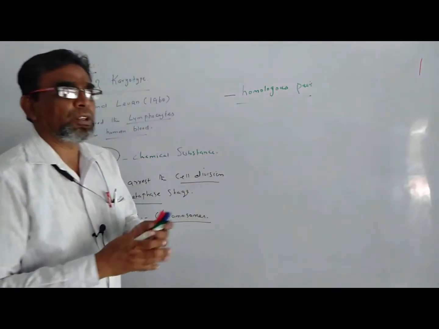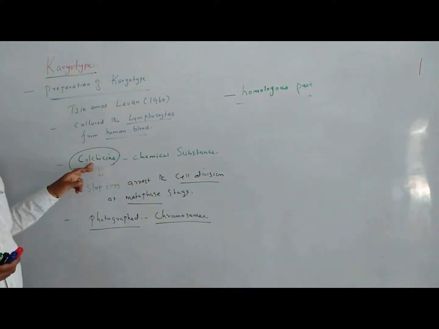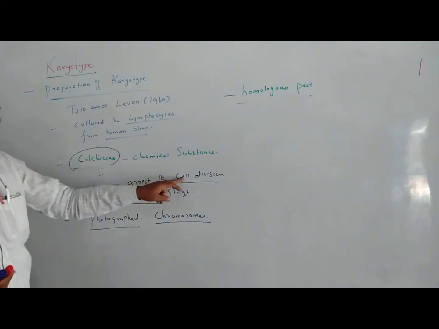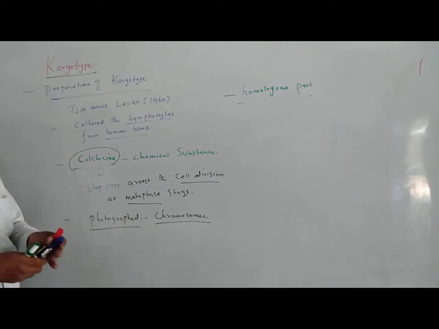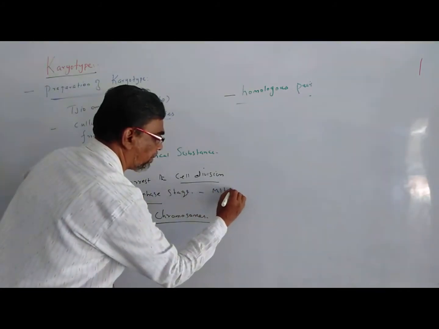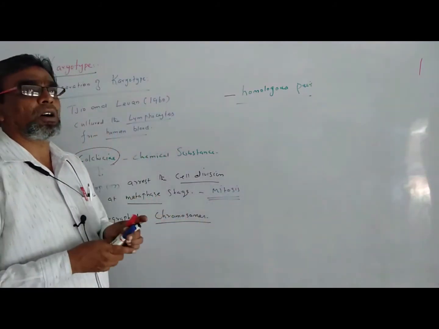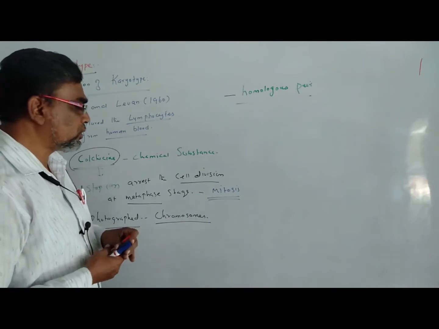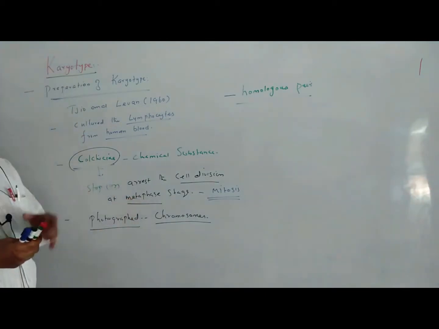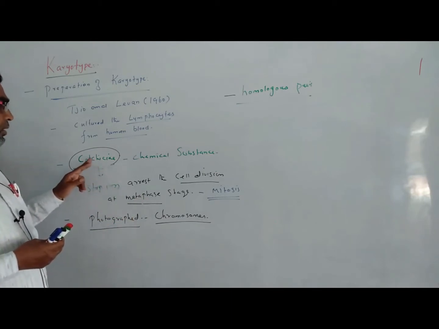So once again I want to repeat. First we are using a substance called colchicine. What is the use of colchicine? It arrests the cell division at the metaphase stage, especially during mitosis, not in meiosis. In the mitosis stage all the chromosomes are clear to observe, especially in metaphase. So to arrest this stage, we use colchicine.